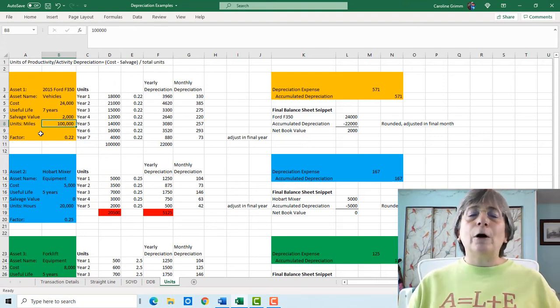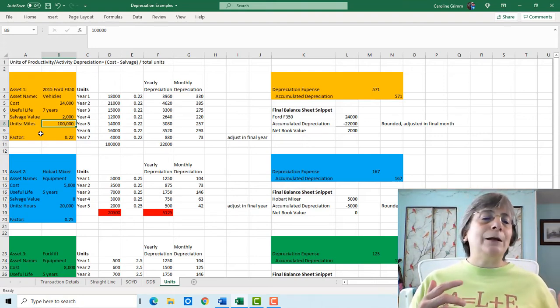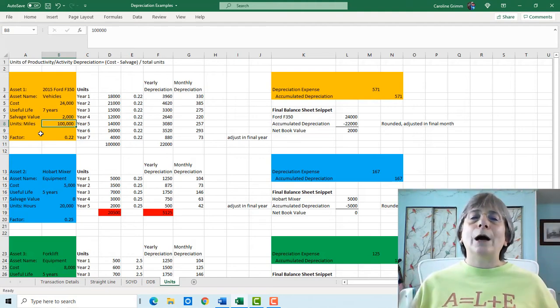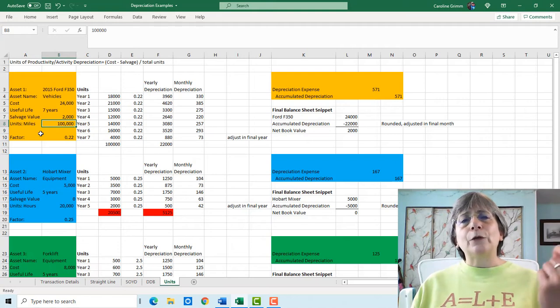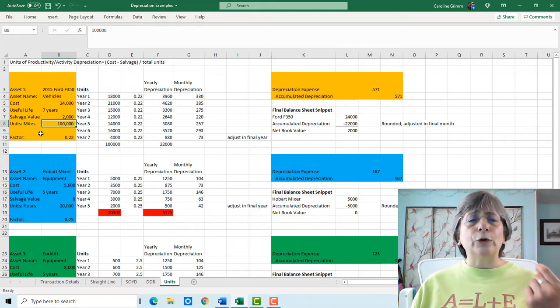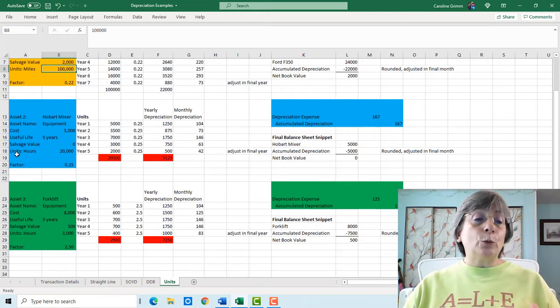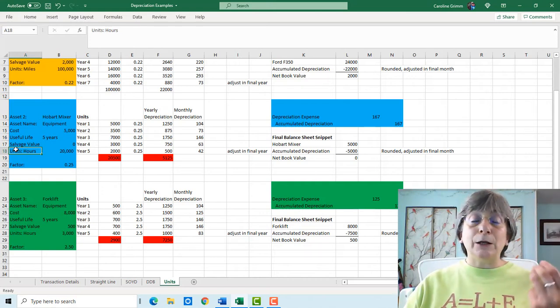So we think for our truck, we are estimating that we're going to be able to use it for 100,000 miles. So miles becomes the unit that we use in order to determine our depreciation expense. For our Hobart mixer, we're using hours as our unit, and we're thinking it's going to be 20,000 hours that we get out of this.